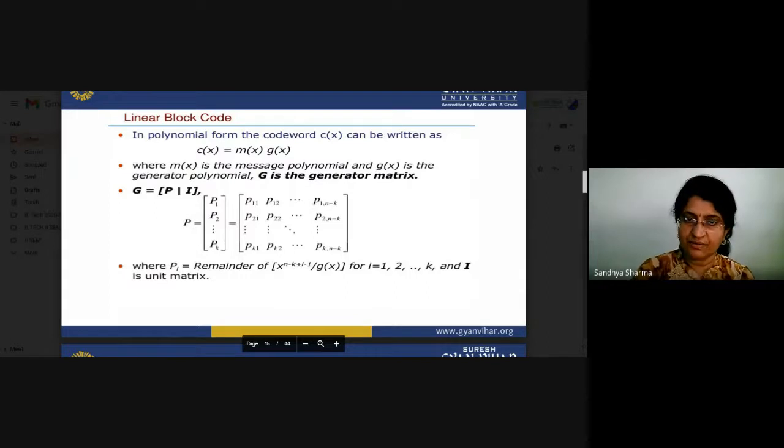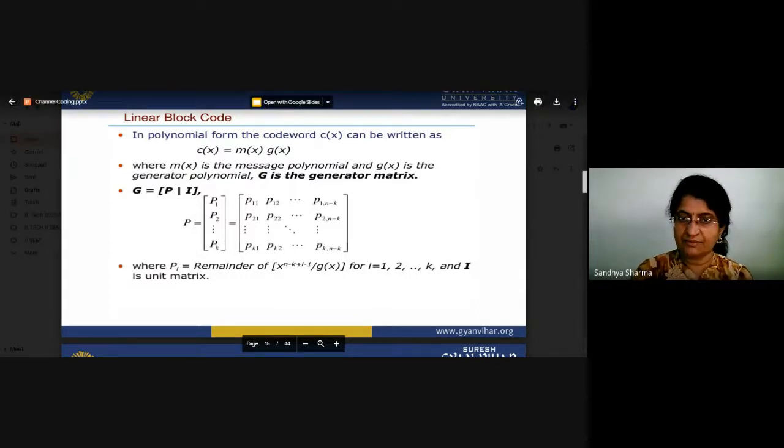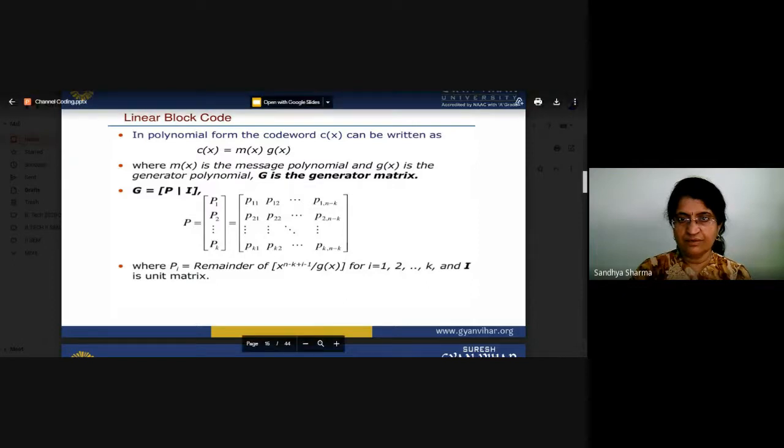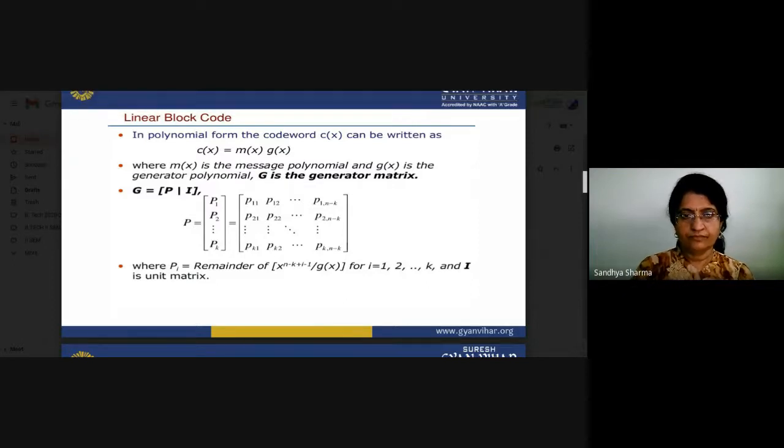So you can see here P1 to Pk will be represented in this form. So these are the parity bits. Pi is the remainder of x to the power n minus k plus i minus 1 upon g(x), for i equal to 1 to k, and capital I is the unit matrix.